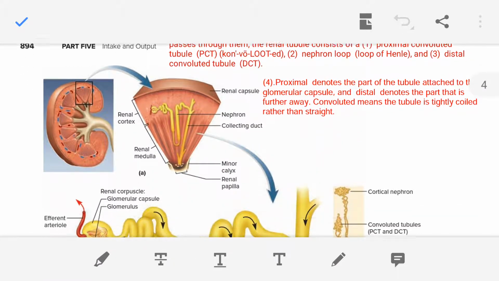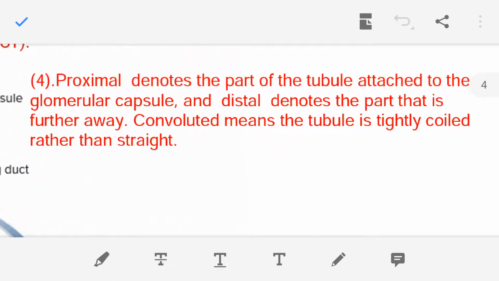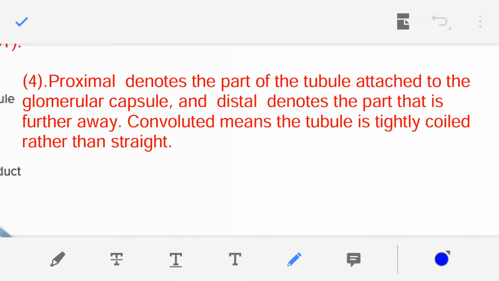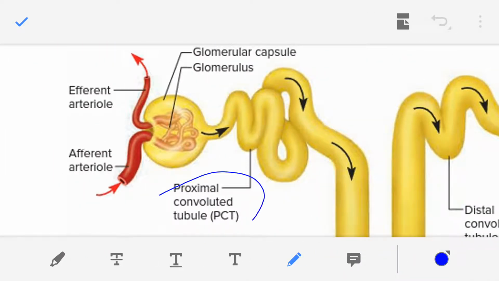Now the fourth point. Why is the initial portion of the renal tubule known as proximal? Because it is very close to the renal corpuscle, and in fact it is attached to the glomerular capsule. Here you can see this proximal convoluted tubule is joining the glomerular capsule.